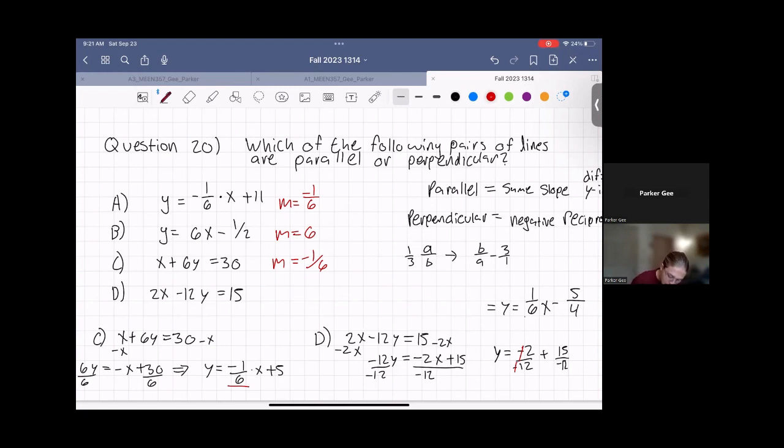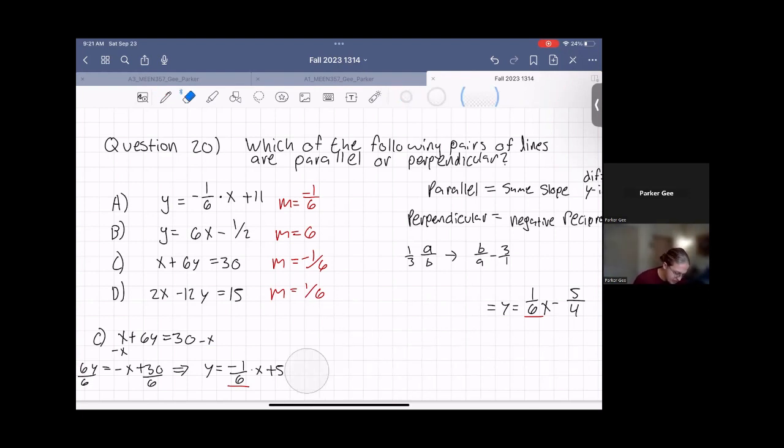So our slope was 1/6. Right. So I'm just going to go ahead and erase this work right here because I need a little bit more space to write.